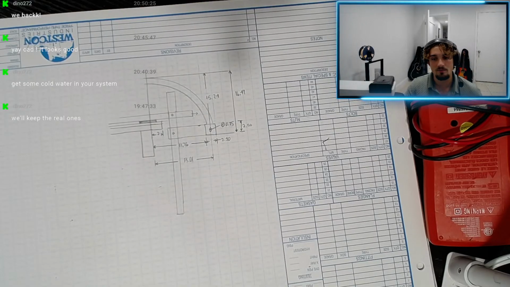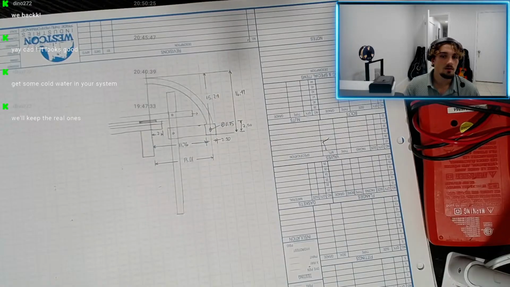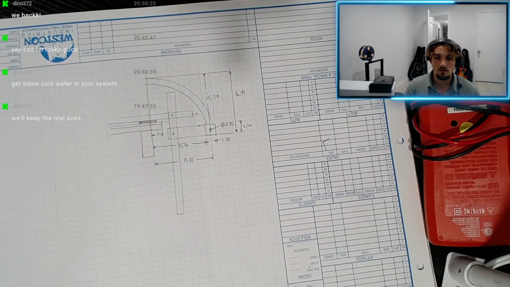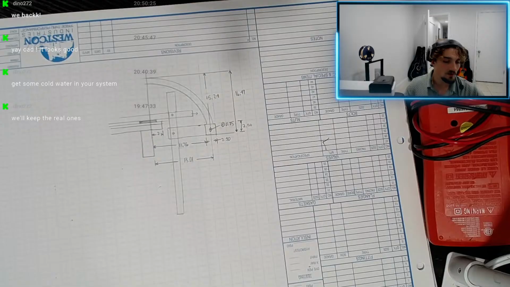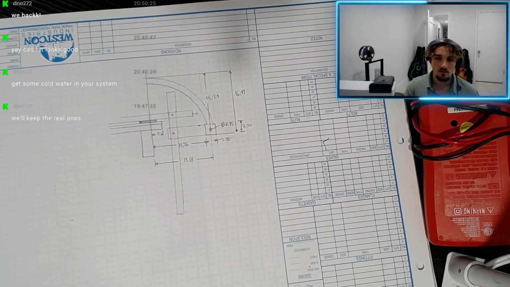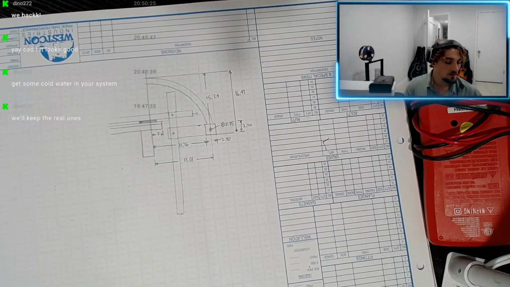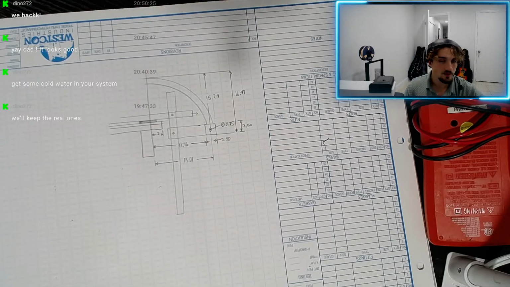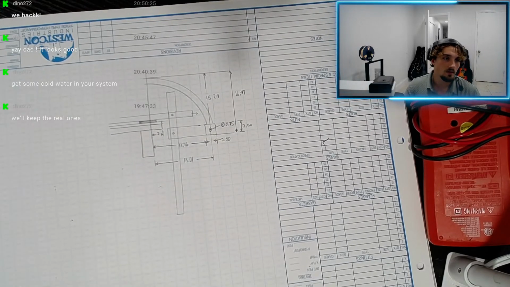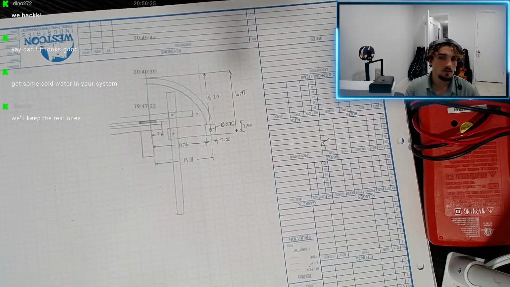Oh, I forgot to do something. Shit. Okay. 0.75. So that was 0.75, right? 0.75. Well, this would need to be a little bit bigger. 0.8. I forgot to do this, which is 2.5.